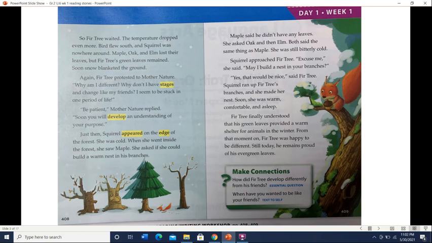Okay, so this kind of tree is the only kind that can give these animals shelter, and he understood his purpose. He was happy to be different, and he is proud of the way he is.